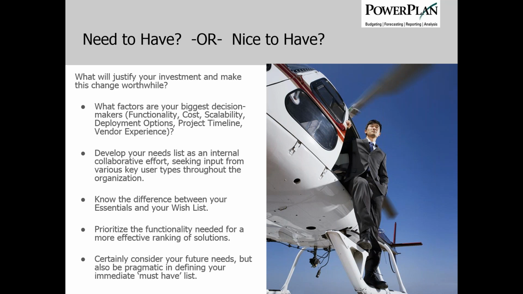Is cost a big factor in your decision? Scalability. So for instance, maybe you initially plan to start small, a system that's contained within the budget office, but then you start seeing the power of the system and you want to roll the system out, go deeper in the organization. How scalable is the solution that you select? Those are things that you want to know up front.